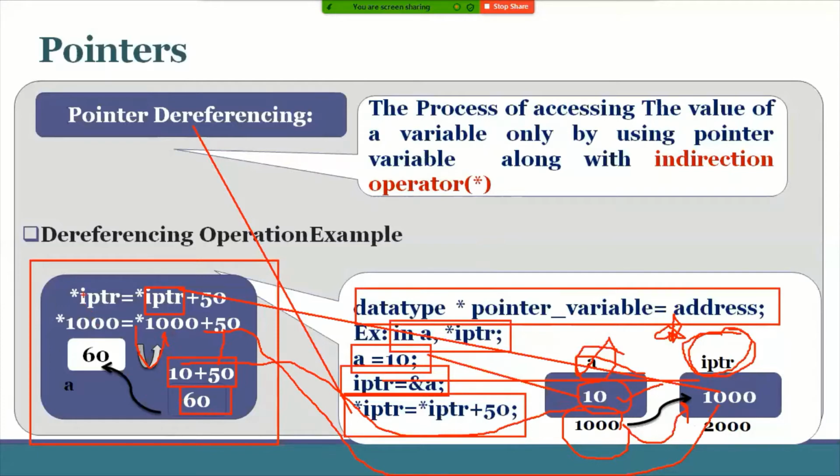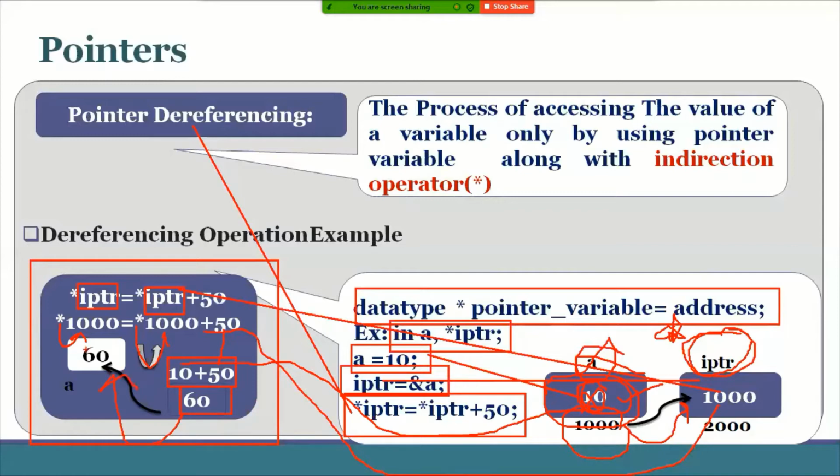What is the LHS part? IPTR. IPTR means, as we just saw, 1000 will be substituted over here. If you apply the indirection operator upon this particular 1000, what do we get? The 1000 location. This 1000 location is this box. And within that box, what value was there previously? 10. Now this 10 will be replaced with this 60.